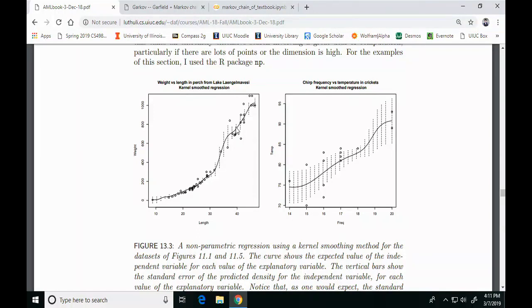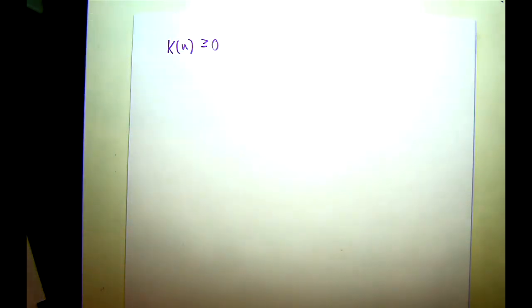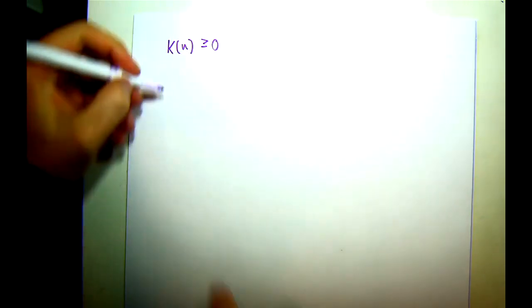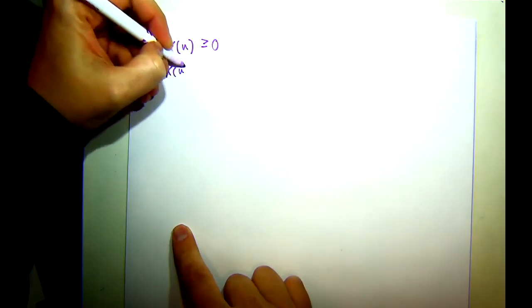So a kernel function, k, is a kernel function if, first of all, it has to be greater than 0. It has to be symmetric.